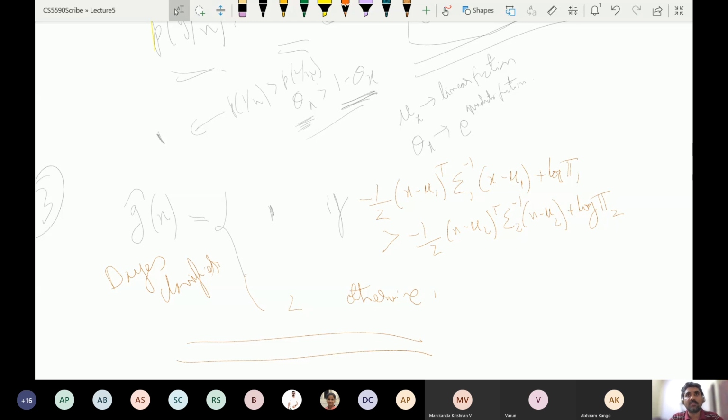What are those assumptions? We'll come to them later, perhaps when we do sequence modeling, or whenever possible. But it is definitely related to this. It's a special case of this. Any other doubts?